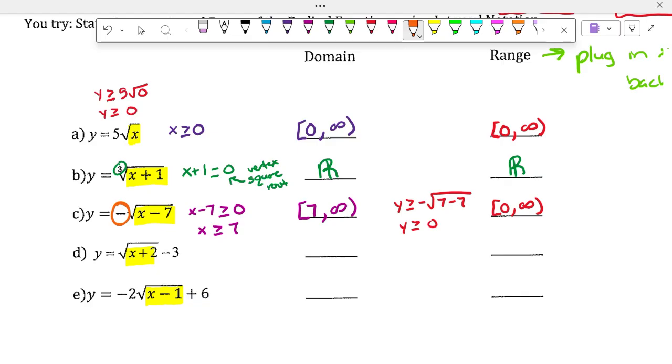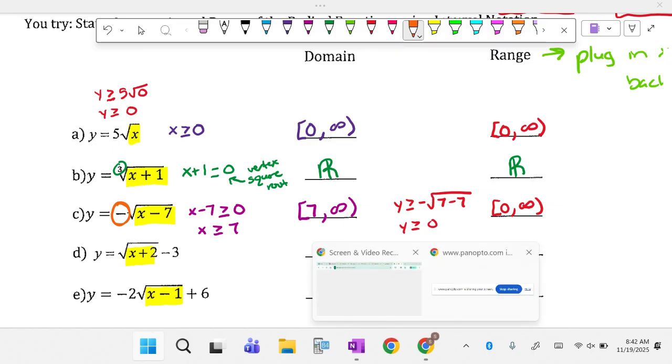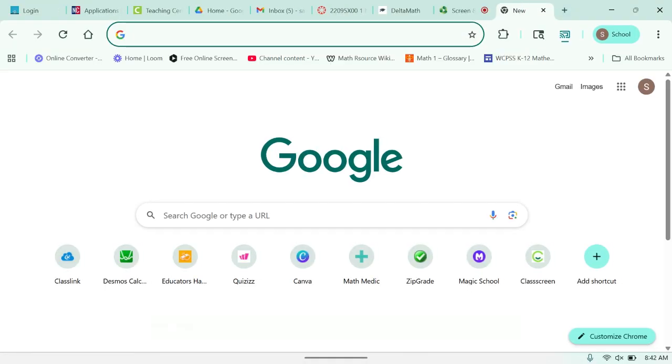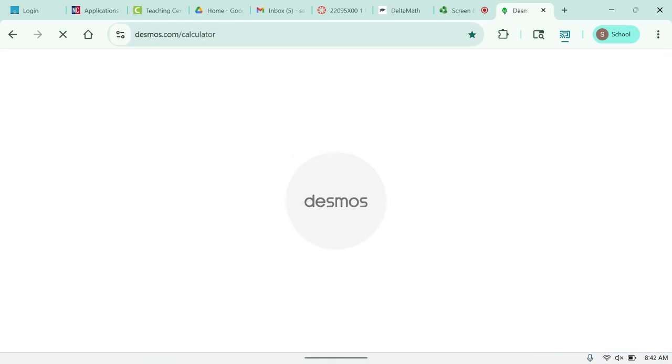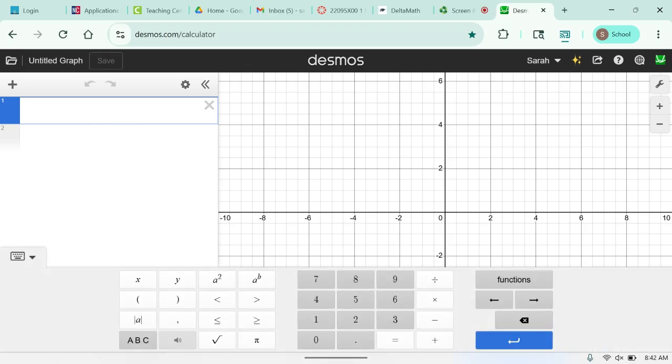Now, that doesn't necessarily mean that our x value changes. All right, but it could possibly change our y value. So let's just double check it to be safe. If I do a quick graph into Desmos, I'm just going to graph the entire square root function that we have verbatim.